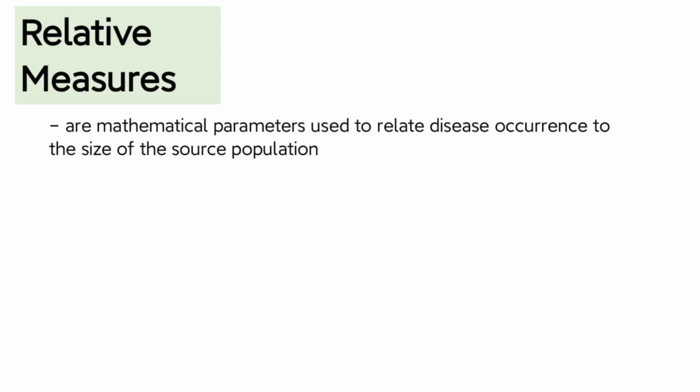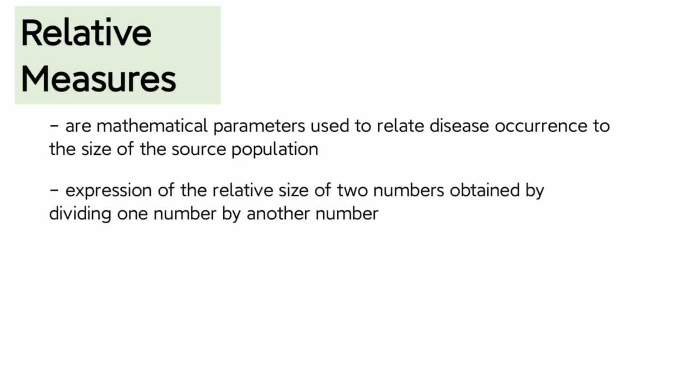First, we need to learn about relative measures. Pag sinabing relative measures, they are mathematical parameters used to relate disease occurrence to the size of the source population. Meron ka lang numerator and denominator multiplied by a factor. Ganun lang siya kasimple. It is an expression of the relative size of two numbers obtained by dividing one number by another.